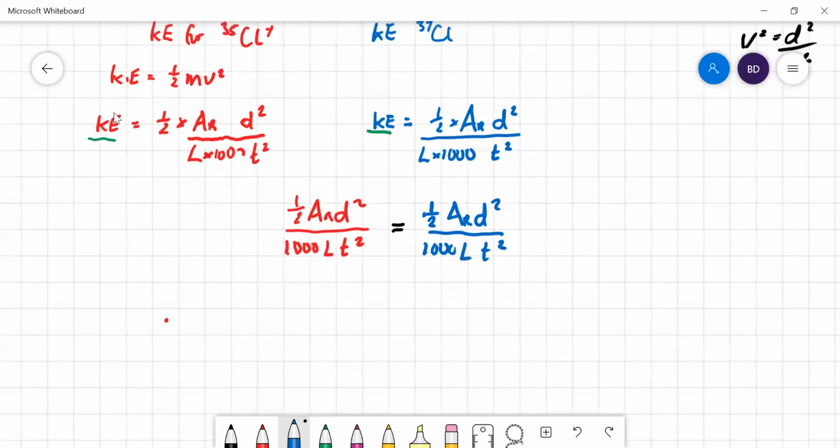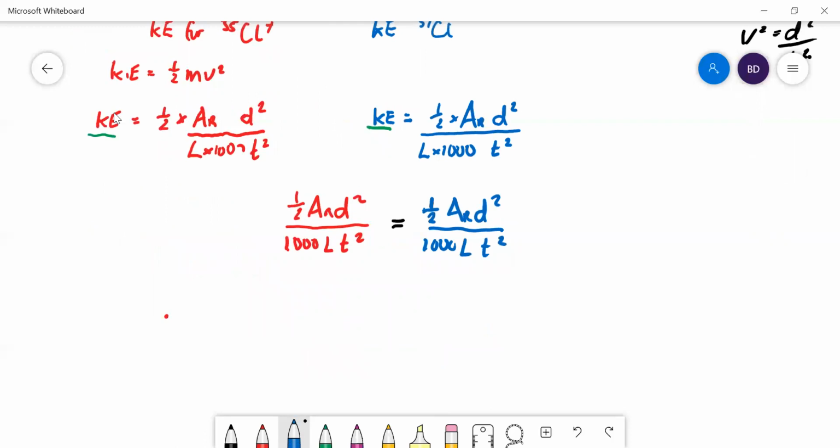Right, now we can cancel out a lot of stuff there, can't we? What can we cancel out? Well, the distance of the tube is the same for each one, so that d squared goes. The Avogadro constant's obviously the same, 1,000's the same, the half's the same. What's the AR in red?